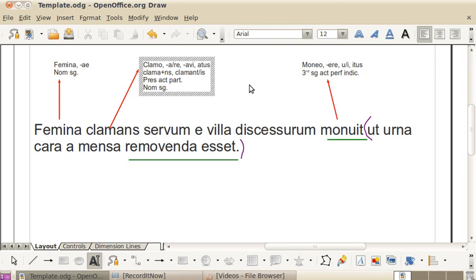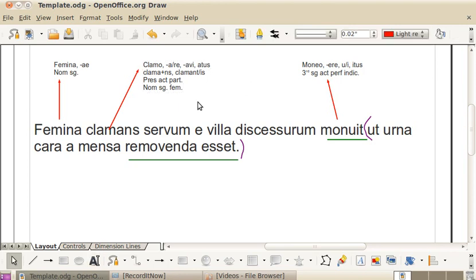You could call clamans a third declension adjective of one termination, meaning it just has one ending in the nominative singular for all three genders. So here, in our sentence, femina is nominative singular. Clamans can only be working as a nominative singular, so we are going to understand it also in the feminine gender, and clamans and femina are working together.